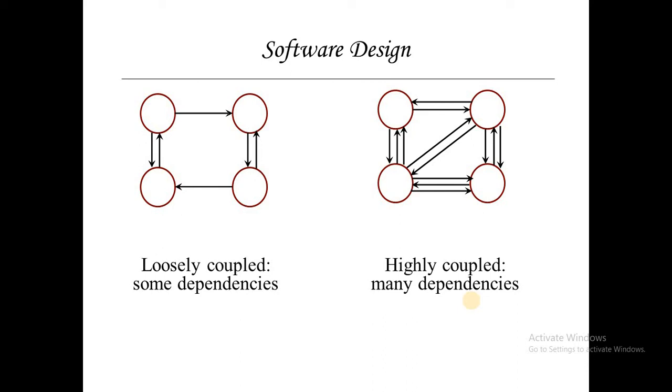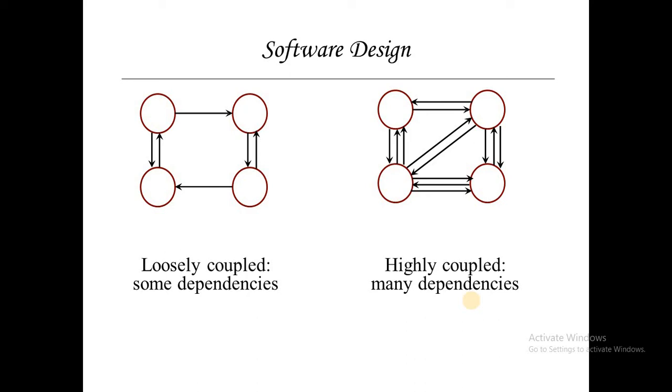Many dependencies, you can observe. There are four modules, but among the four modules there is more dependency. The first diagram shows only partial dependencies, meaning fewer dependencies, and the second diagram shows more dependencies.